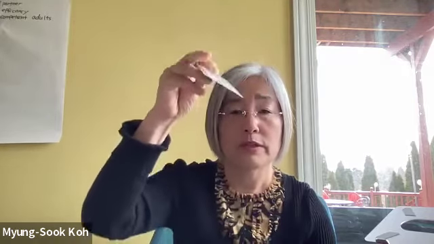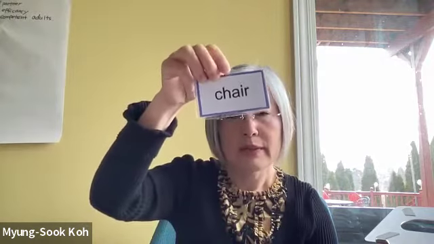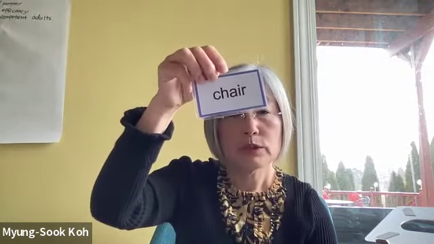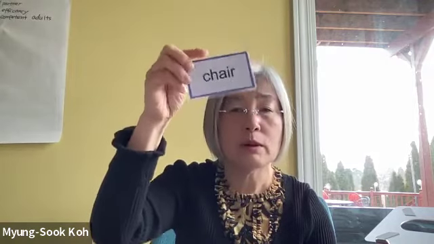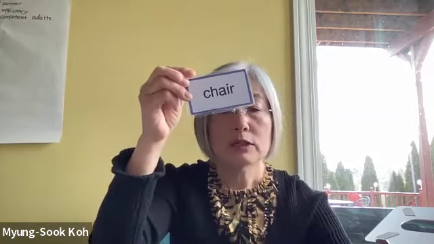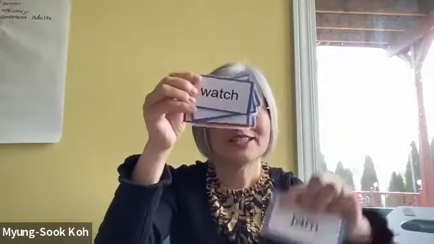This whole word method, think about that. Newborn babies, 2 months old, 3 months old, 5 months old. Do they know about this sound? Do they know about alphabet letters? They don't know, right? You show this one, chair, chair, park, spaghetti, watch, jam. They take a shot, like a picture.